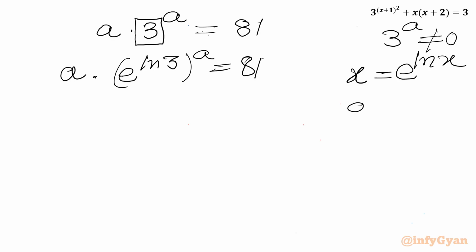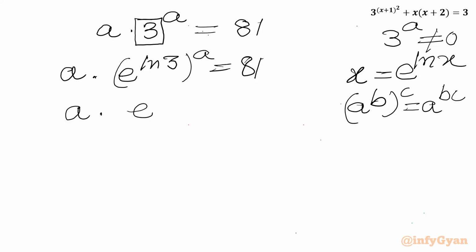Now we can use another property from exponents, a power b whole power c is equal to a power b times c. So this will give us a times e raised to the power a ln 3 equal to 81.